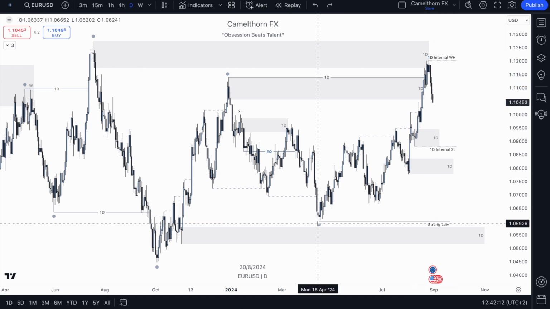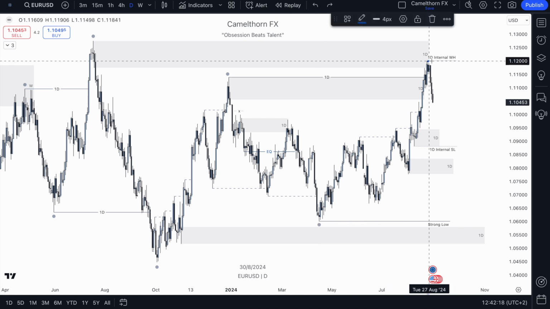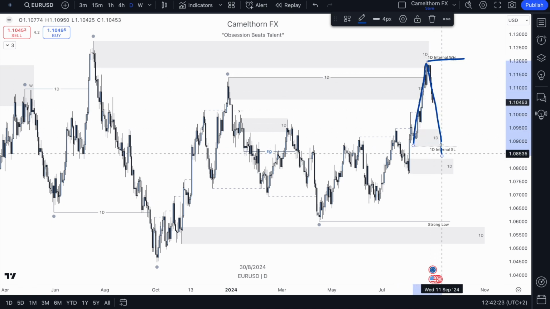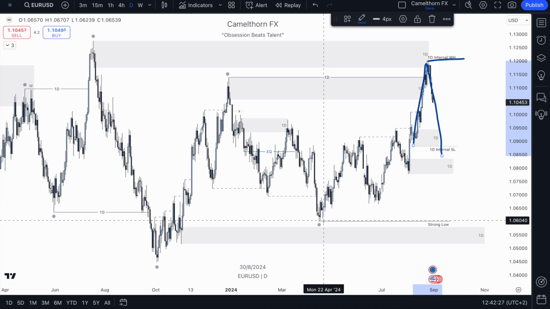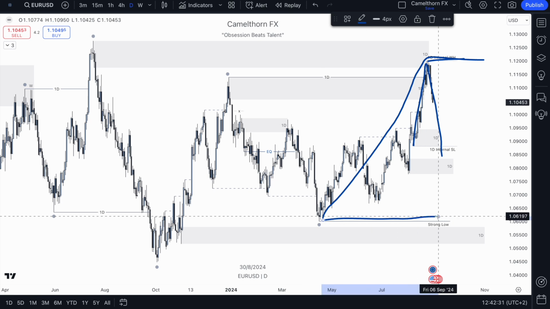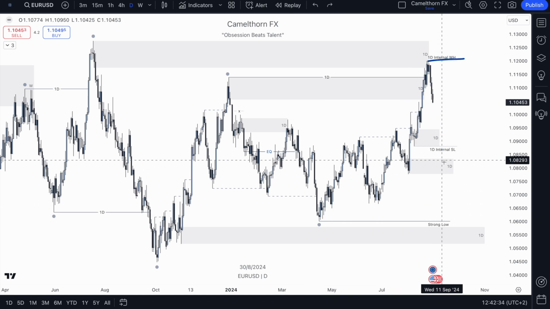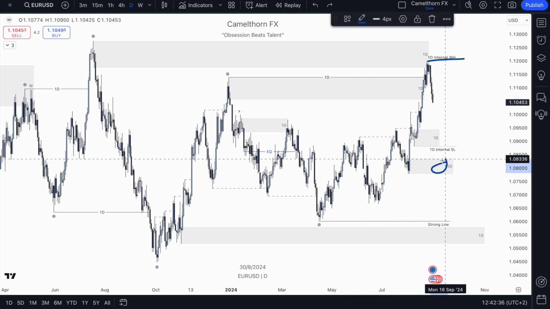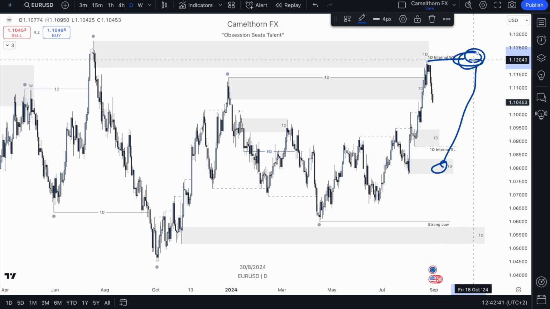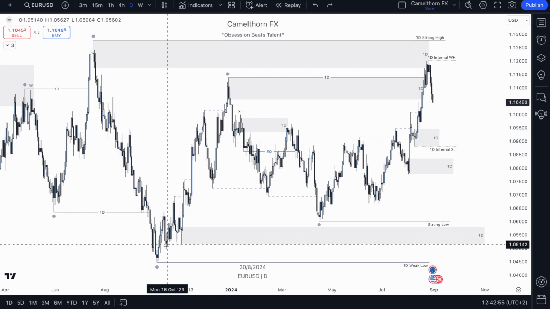Based off of this alternative approach to mapping your daily structure, you would still be waiting for your internal structure to shift bearish in order to signal the start of your daily pullback phase to allow you to now establish a new bullish daily range. Having done so, you would then still be looking for potential areas to trade from in order to target that new daily week high. So two different ways in which you can go about marking out this structure here.